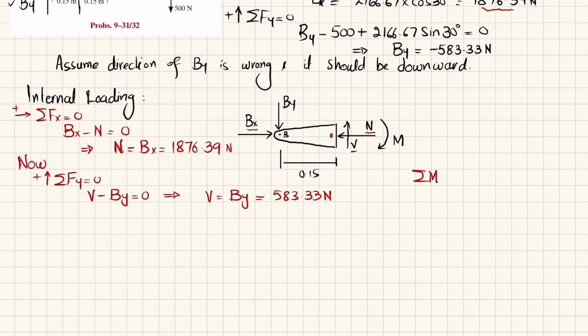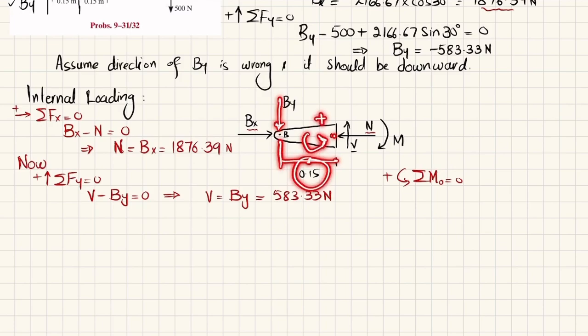And we will find M by using the equation of equilibrium that the sum of moments about point O, at section AA, is equal to 0, taking counterclockwise moment as positive. You can see these two forces are not producing moment, because they pass through point O. Only By produces a moment about point O, with a perpendicular distance of 0.15.